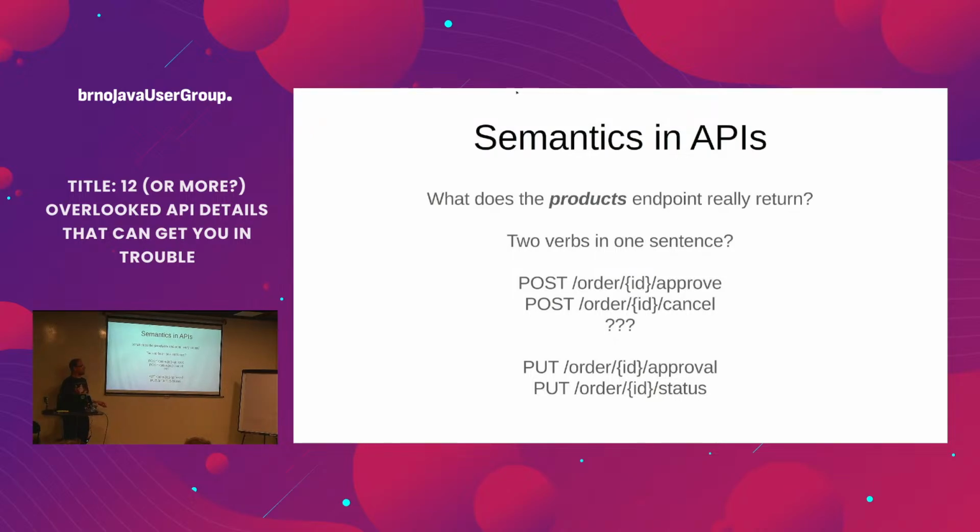Now in the real world, an API is usually some boundary between two teams, bounded contexts, separated worlds, and everybody can understand it a little bit differently.